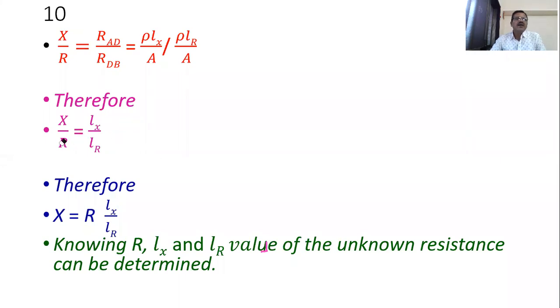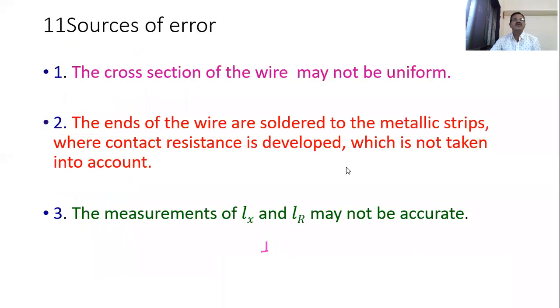And if we take this term r on this side, we get x is equal to r into Lx upon Lr. Knowing r, Lx and Lr, the value of the unknown resistance can be determined.